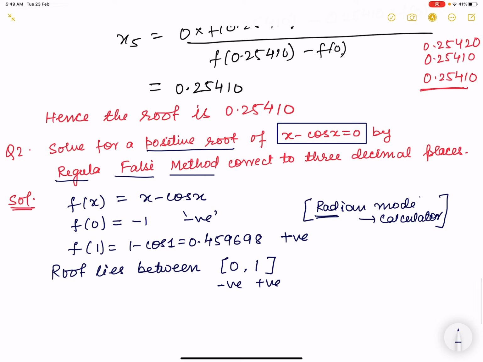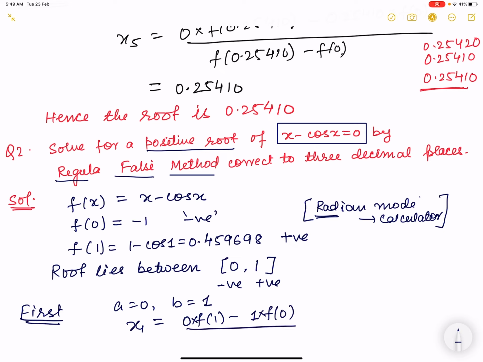Let us start with our very first iteration. x1 is equal to, let us take a as 0 and b is equal to 1, so (a f(b) minus b f(a)) upon (f(b) minus f(a)).